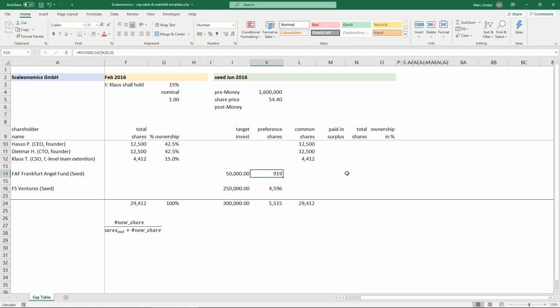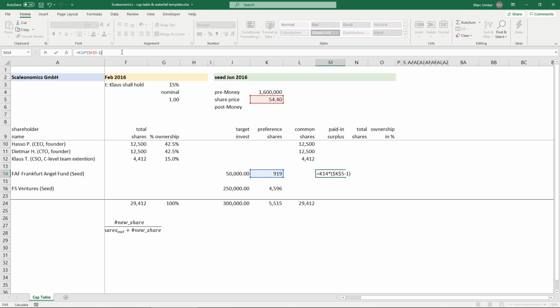So we now need to calculate the amount that is left in excess of already paying 919 euros to the paid-in surplus. This is equal to 919 times the share price. But since business angel Fritz Müller already has to pay 919, we have to subtract 919 of that.